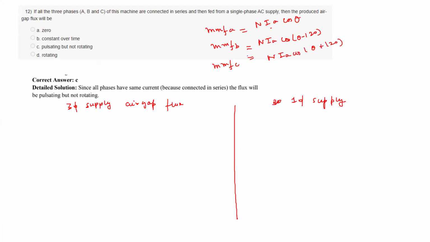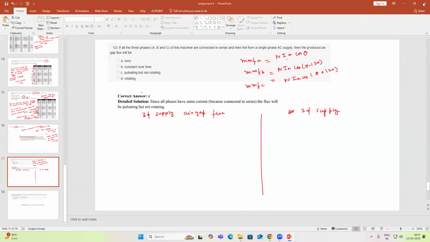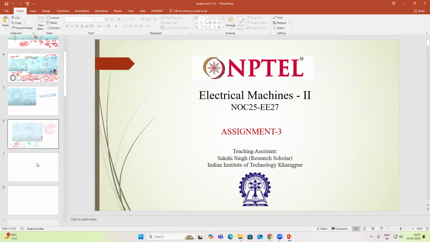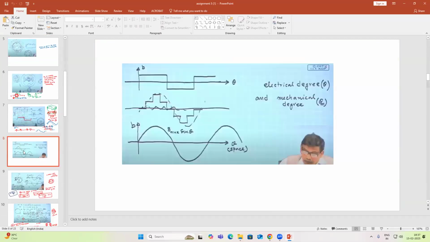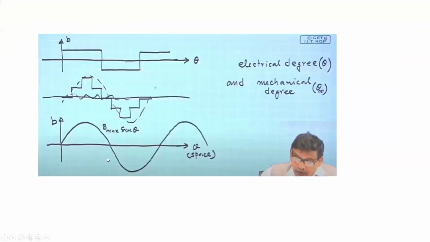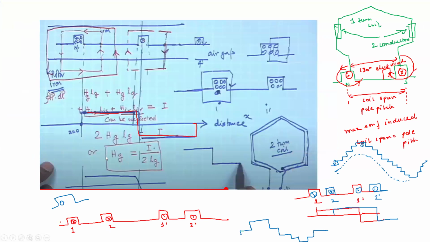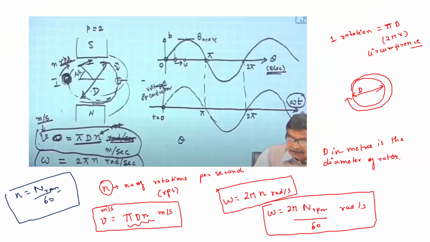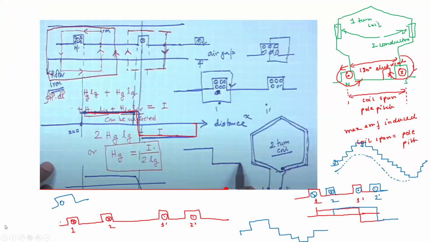So you will see the MMF which we were seeing, right? We discussed this in the last lecture, where I discussed it here.